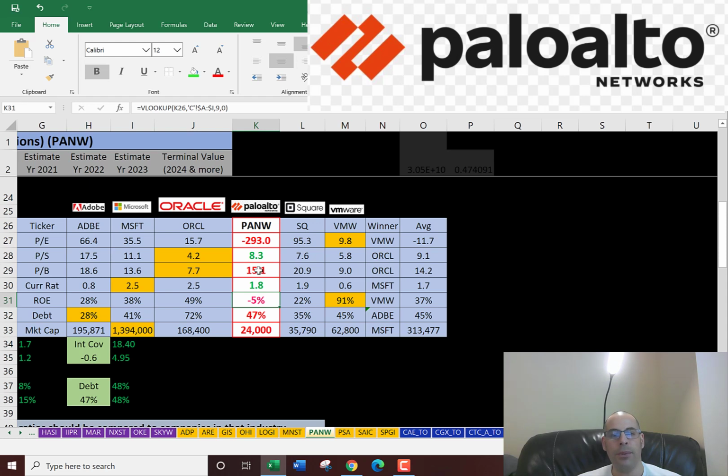They're worse than the average in price to book, but not much worse. The average is 14.2. Their current ratio, they're about average. They're much worse in ROE, of course. They're a little worse in debt. Average is 45%. They're 47%. And of course, they're the smallest company because these other companies are massive, like Adobe, Microsoft, and Oracle.